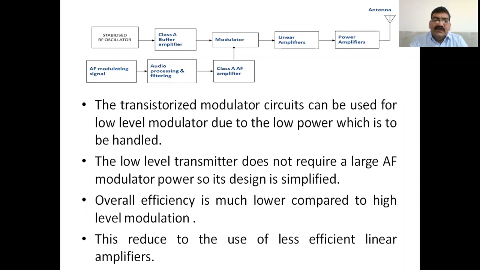Next. Overall efficiency is much lower compared to high level modulation. Next we are going for the high level modulator, but the efficiency of this low level modulator is high as compared to the high level modulator. Efficiency is important.